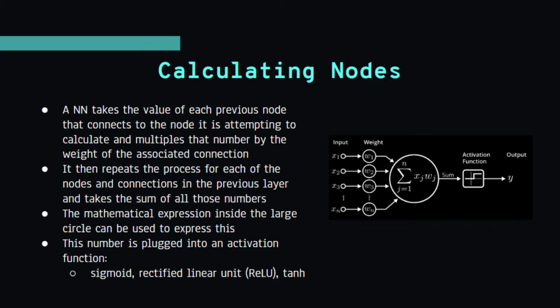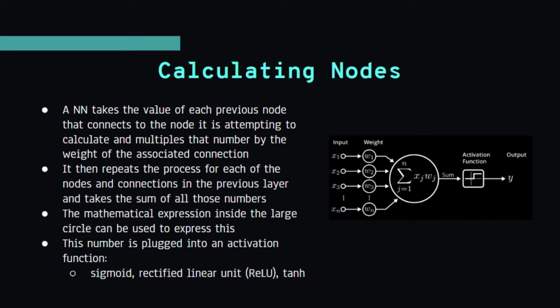What all that means is, let's say you have a node in your input layer and a node in your second layer, which is also a hidden layer. And let's say that node from the input layer has a connection to a node in the second layer. In order to calculate that node in the second layer, it's going to multiply the number that's inside the node by the weight of the connection that connects both of the nodes together.